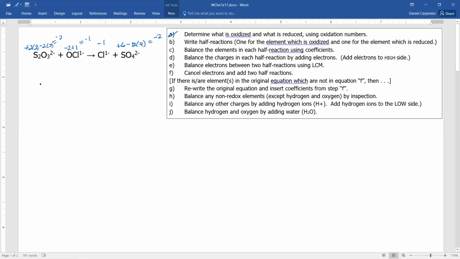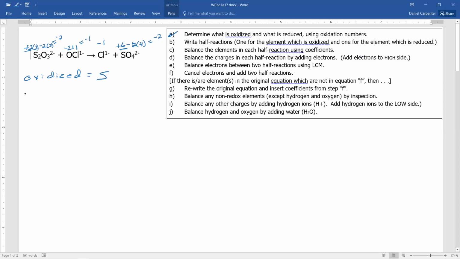All right, so now we have to see what goes up. Up is oxidized. So sulfur goes from +2 to +6. Well, that's the up. So oxidized is sulfur.